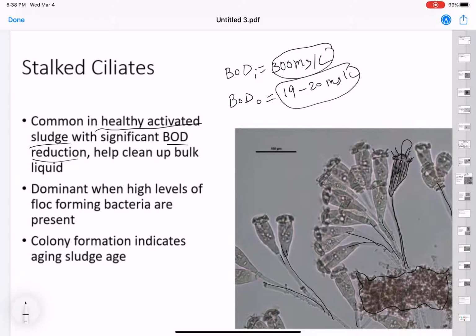So this is good with significant BOD reduction in healthy activated sludge, and this can help clean up bulk liquid. A lot of liquid with organics can be treated with stalked ciliates. This is dominant only when high levels of floc-forming bacteria are present. You can see these floc-forming bacteria are present. These are dominant because they could attach to them. And of course, colony formation indicates aging sludge age. Okay?